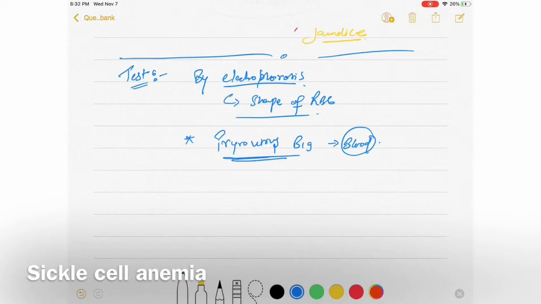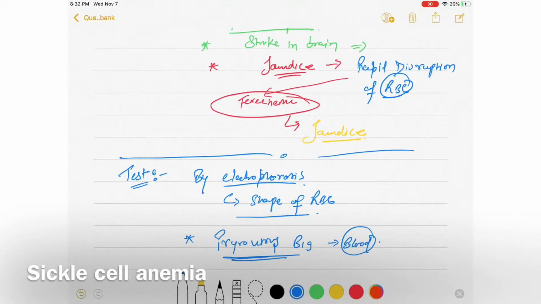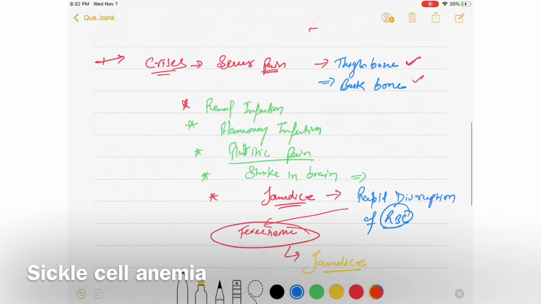I will also mention here that because of sickle cell anemia, bacterial infection will occur. In bacterial infection, aseptic vascular necrosis will occur. Here we studied stroke in the brain, and I mention more things like priapism, because in sickle cell anemia painful erection will occur.